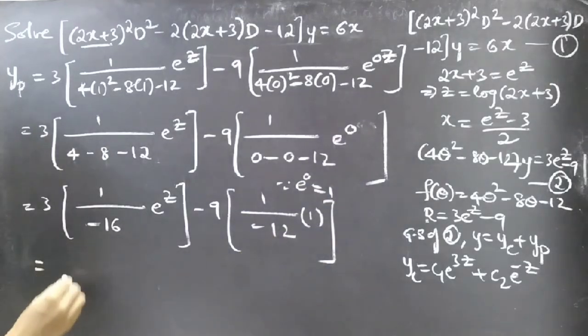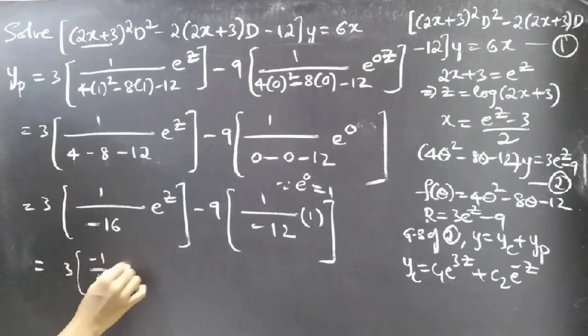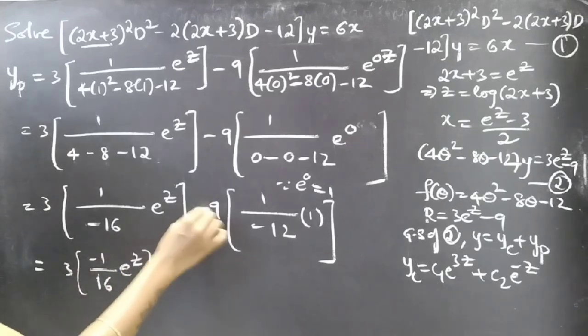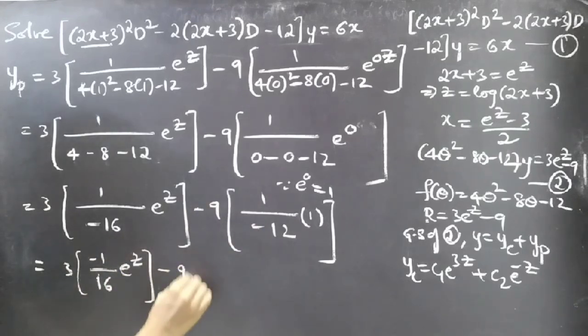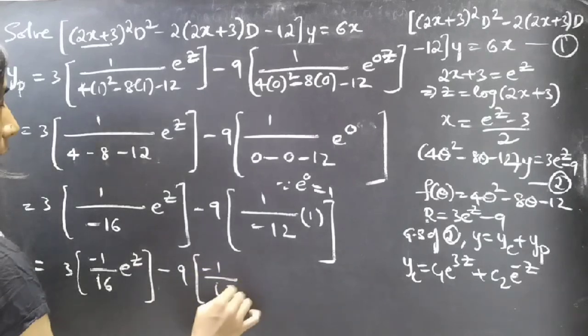This is equal to 3 into, you can write this as minus 1 by 16 into e power z, minus 9 into minus 1 by 12.